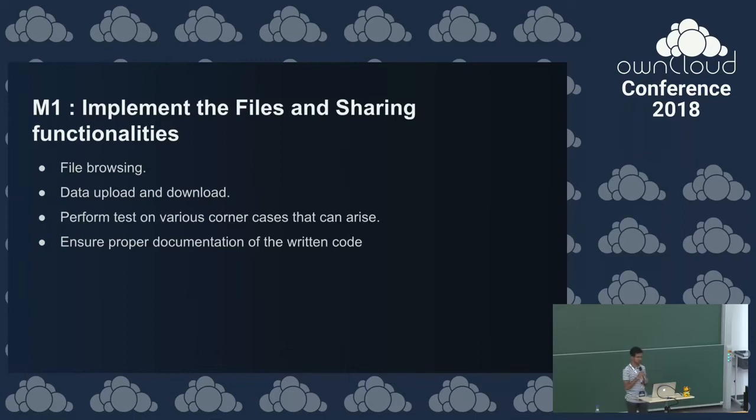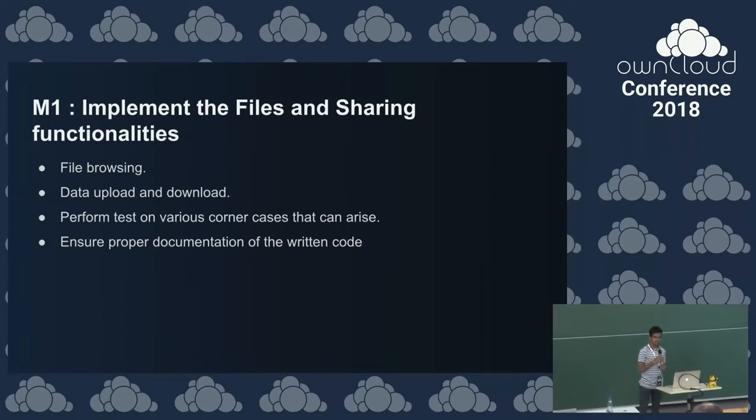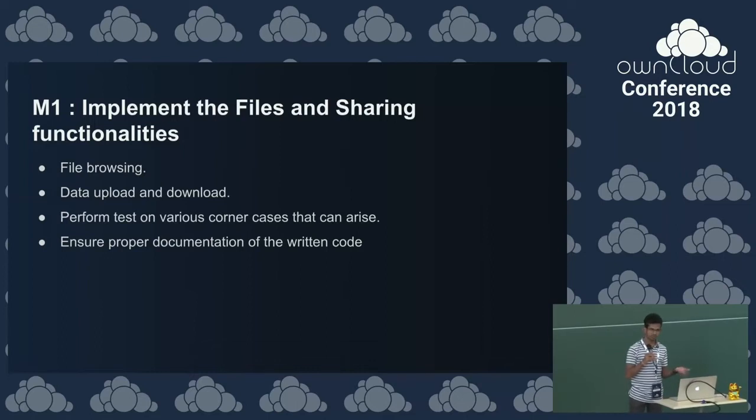The first major milestone of the GSOC project was to implement the file sharing and file browsing functionalities. That includes basic browsing, file upload and download, and also performing some test cases and writing some documentation, getting to know the project, and so on.